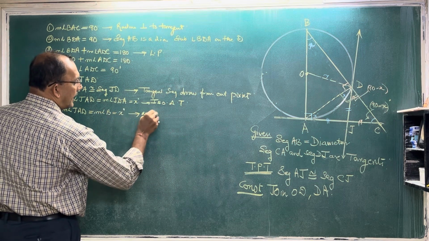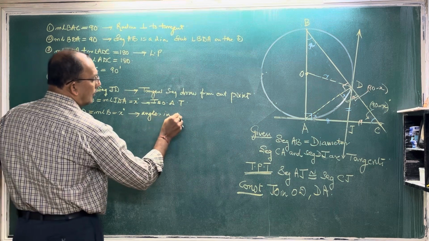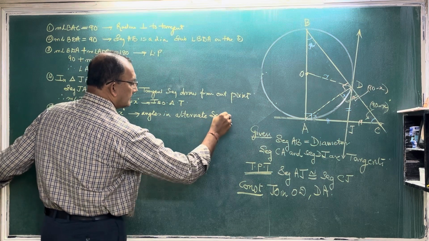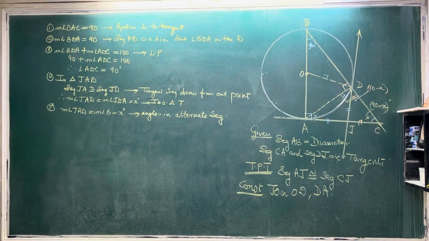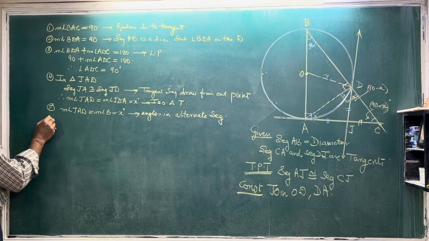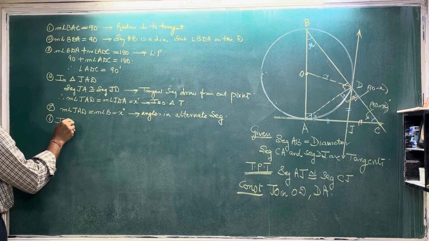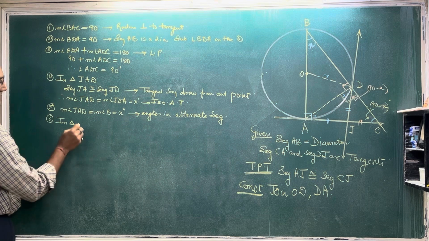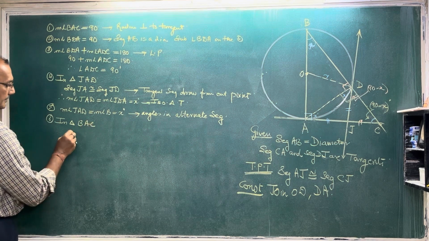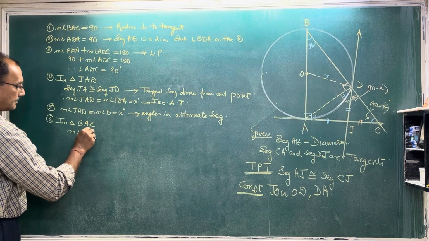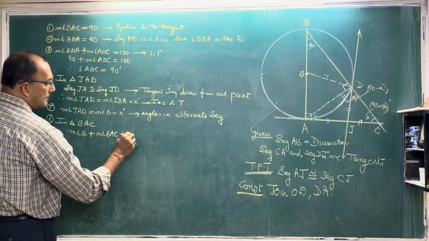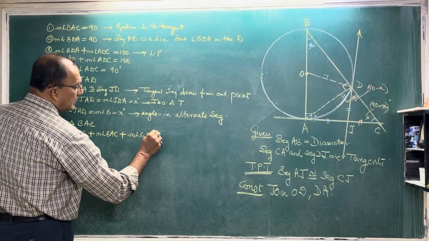Reason: angles in alternate segments. Angles in alternate segments. Now, if we enter the large triangle BAC, measure angle B plus measure angle BAC plus measure angle C should be giving 180.